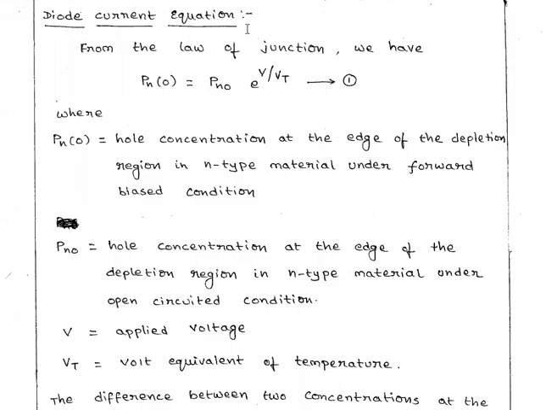Diode current equation. In a PN junction diode, what is the total current equation? We can find it from this derivation.